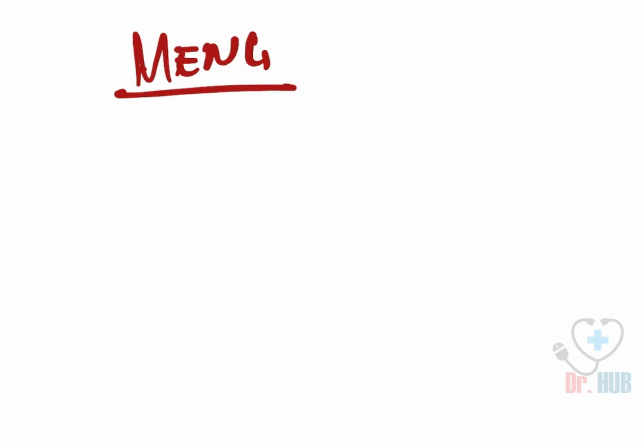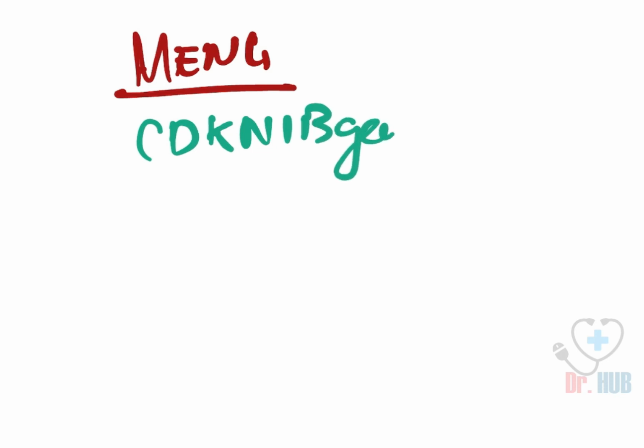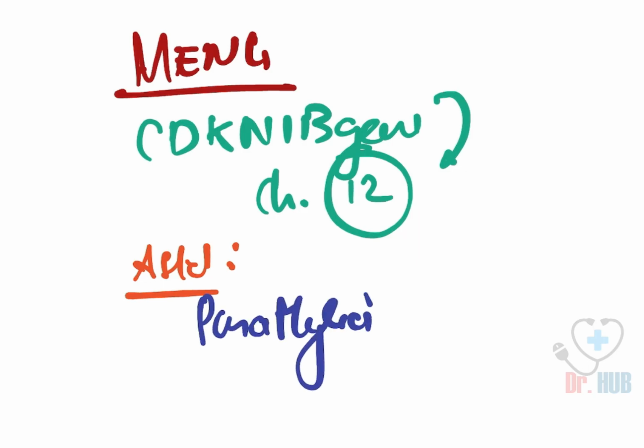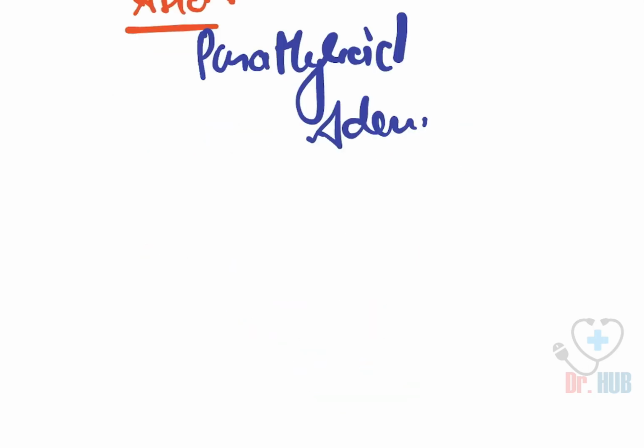Lastly, we look at the MEN 4. In case of the MEN 4 features, it is associated with the CDKN1B gene. Where is this gene present? In chromosome 12. Associated conditions include the parathyroid adenoma.